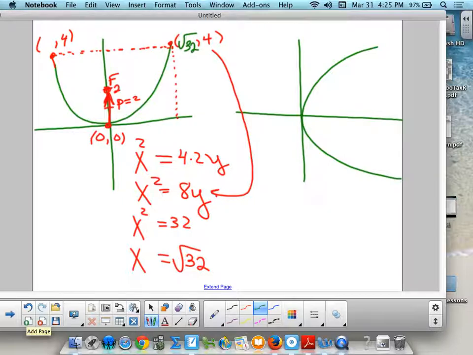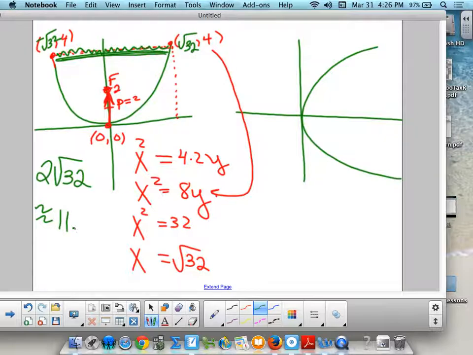Well, if this is the square root of 32, and this is negative square root of 32, then the total distance from here to here would be 2 times the square root of 32, which is about 11.3 feet. Good enough. Let's go on.